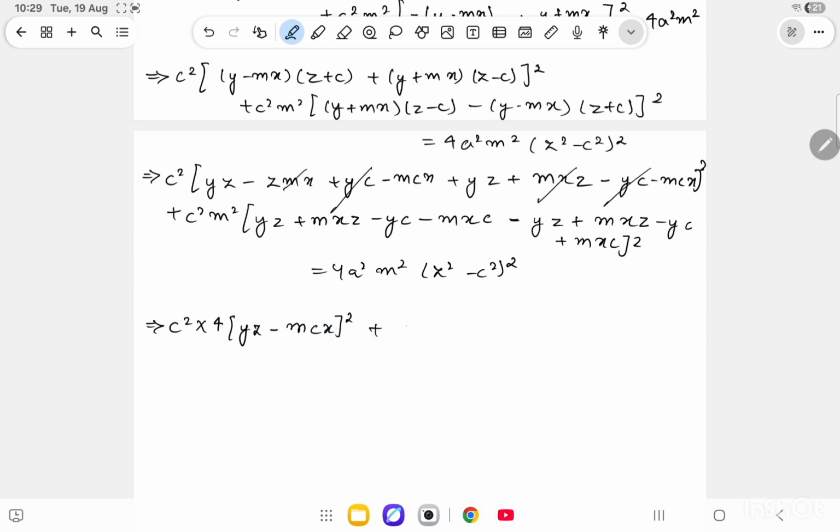In the second term, mcx balances out this one and yz balances out this yz. So we are left with 4c square m square (mxz minus yc) whole square equals 4a square m square (z square minus c square) whole square.